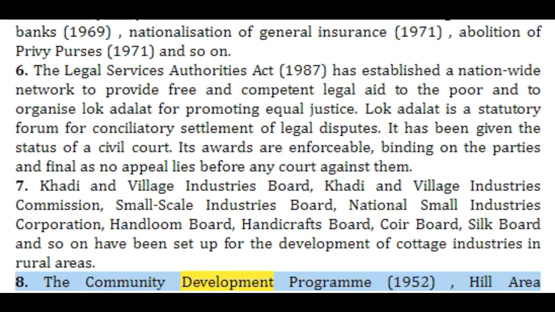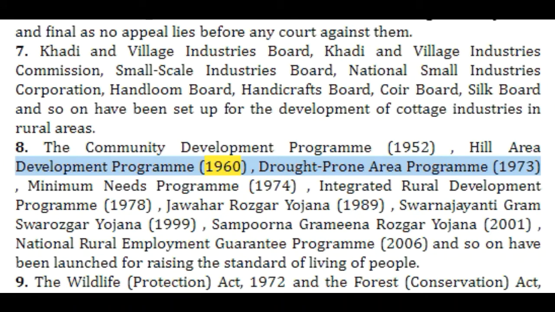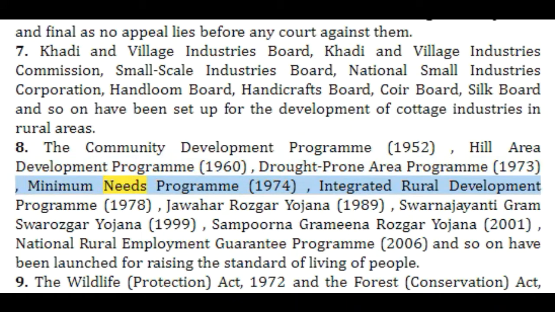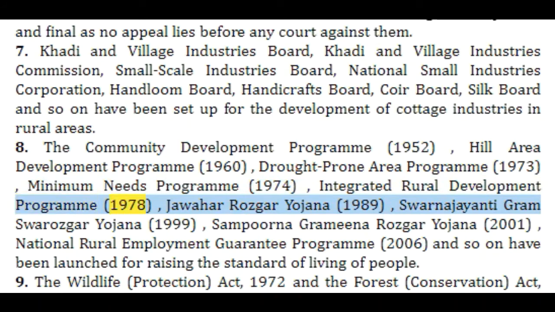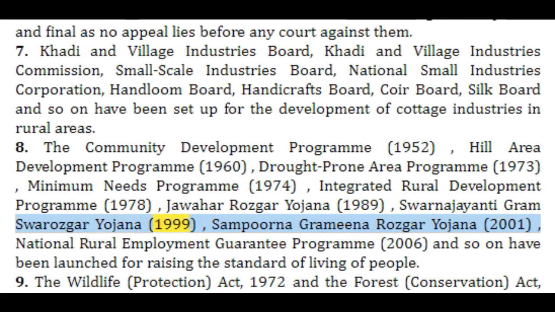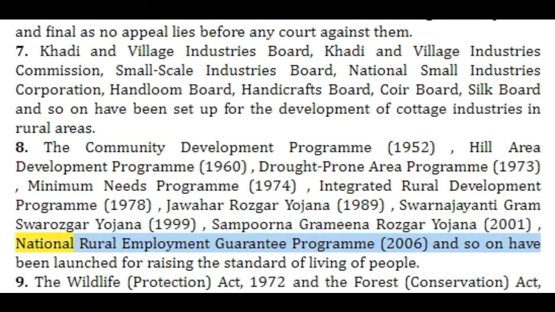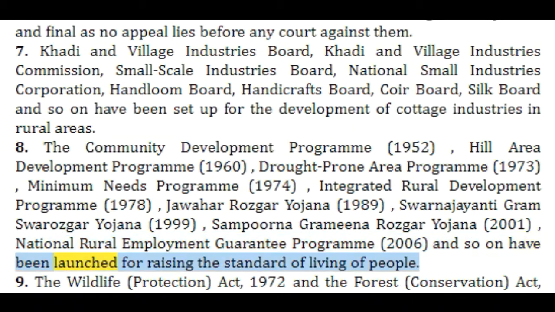The Community Development Program, 1952, Hill Area Development Program, 1960, Drought-Prone Area Program, 1973, Minimum Needs Program, 1974, Integrated Rural Development Program, 1978, Jawahar Rojgar Yojana, 1989, Swarnajayanti Gram Swarojgar Yojana, 1999, Sampurna Gramin Rozgar Yojana, 2001, National Rural Employment Guarantee Program, 2006, and so on have been launched for raising the standard of living of people.